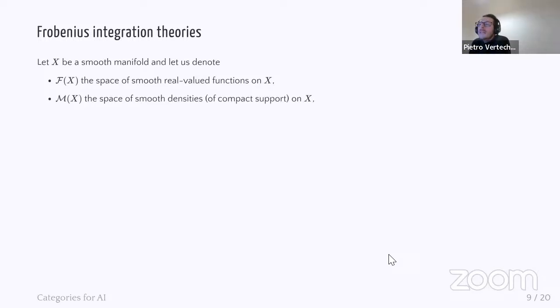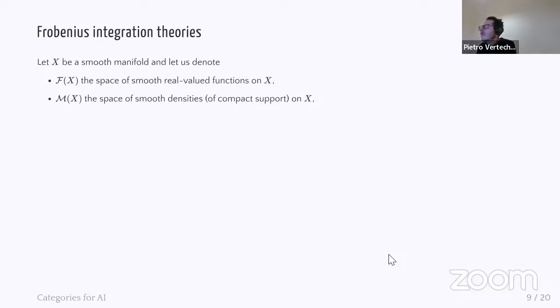Then by M(X), we'll denote the space of smooth densities on X, which is basically things that can be integrated on a manifold, and it's in some sense the dual of a function, and it's just an object that has a well-defined integral on our manifold X. And we will ask that they have compact support, that is to say that they vanish outside of a compact set, because in that way we will make sure that when we integrate them, these integrals always converge.